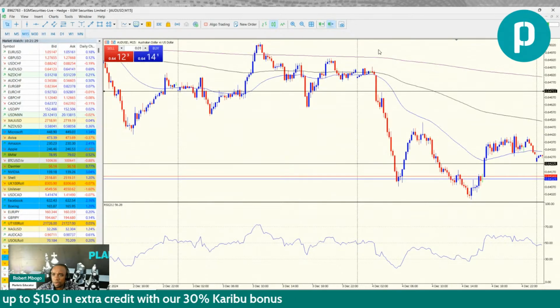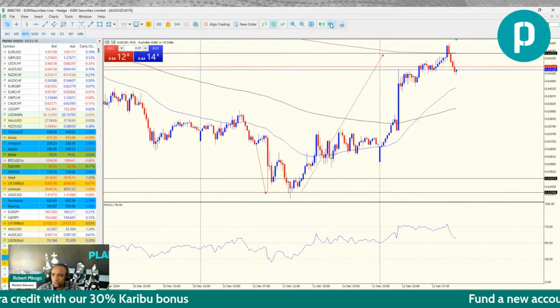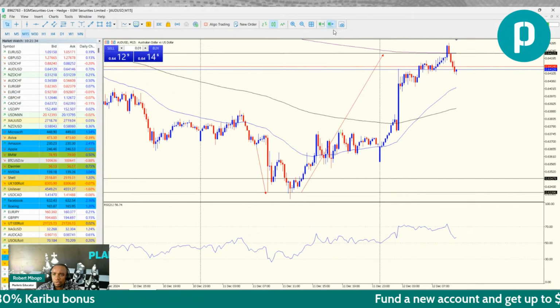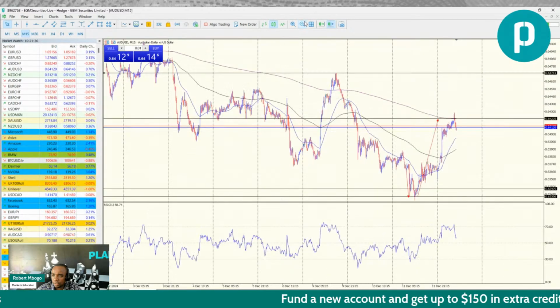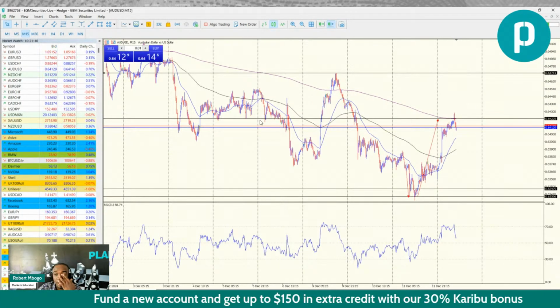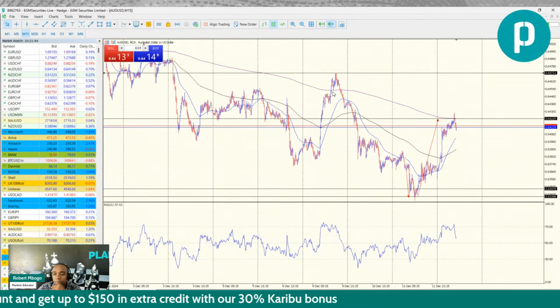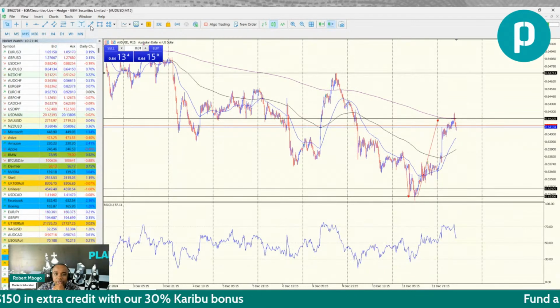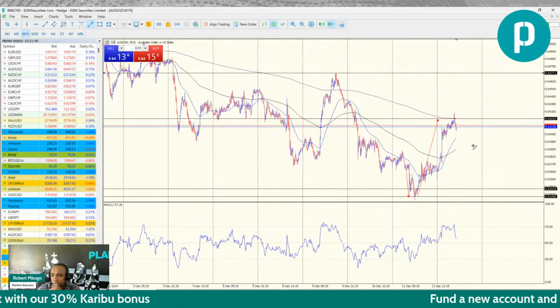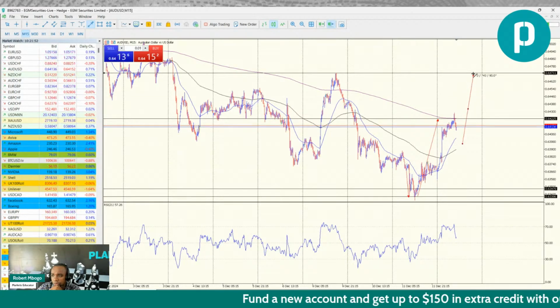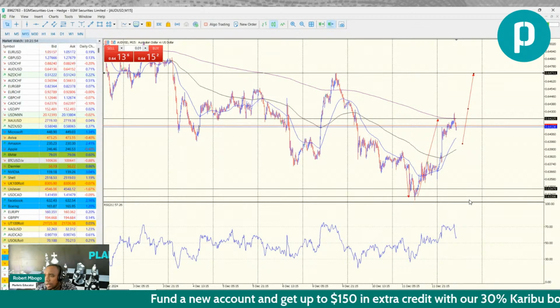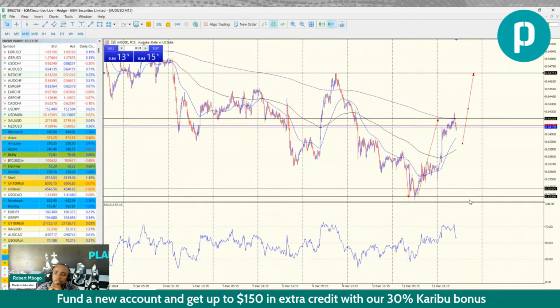However, for now, I will probably be looking at short opportunities on Australian dollar before a bullish push. So we'll probably want to see the weekly high being tested. This was today's, Thursday, Wednesday, Tuesday, Monday. The high of Monday being tested. So there's a possibility that Australian dollar could push to this high, 0.6471.